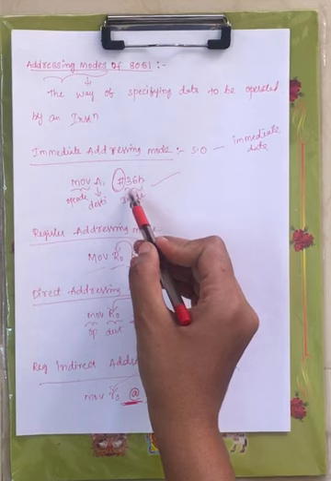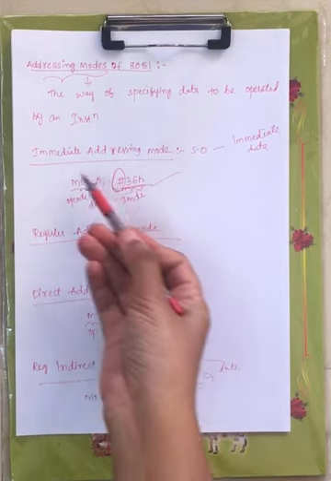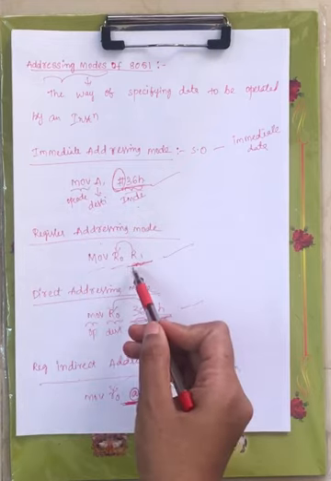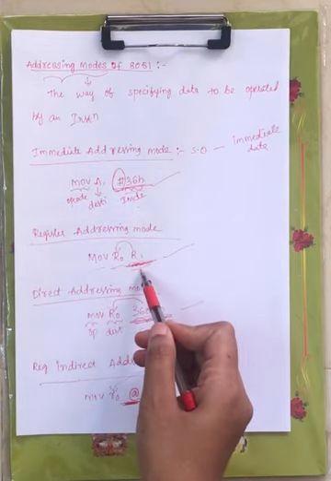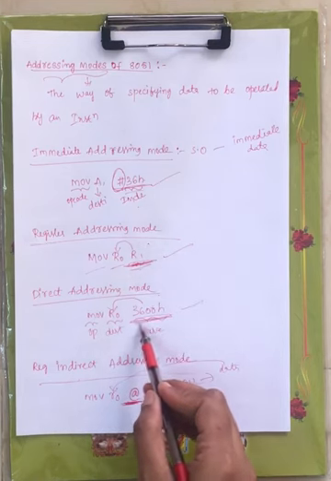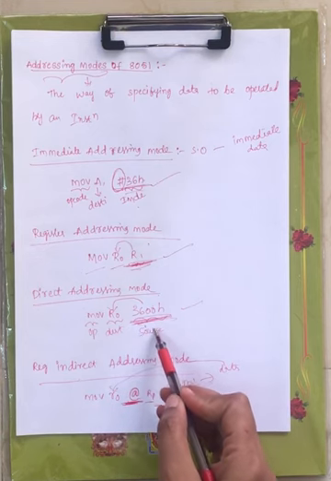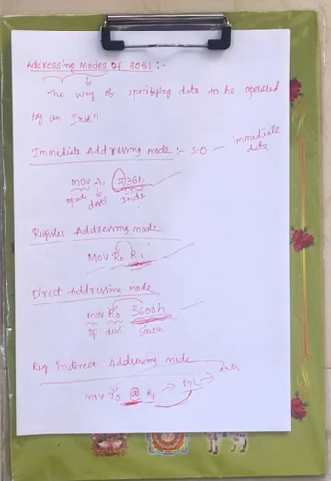If the source operand is immediate data, it is immediate addressing mode. If the source operand is a register, it is register addressing mode. If the source operand is a memory location directly specified within the instruction, that comes under direct addressing mode.